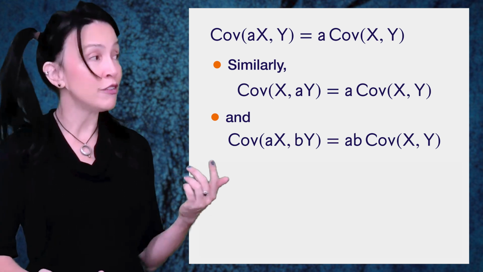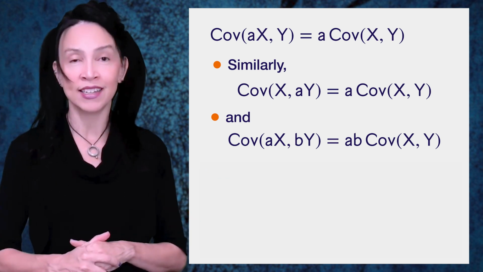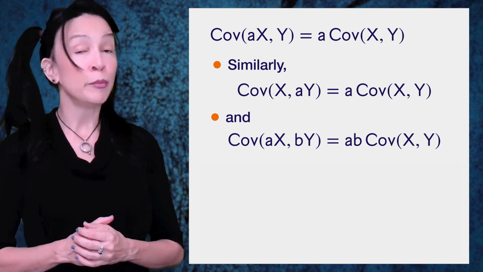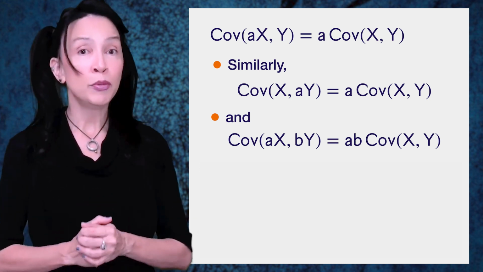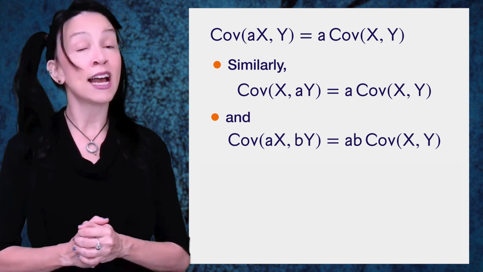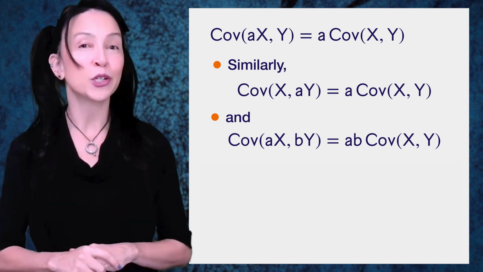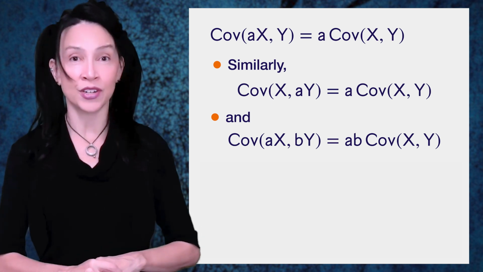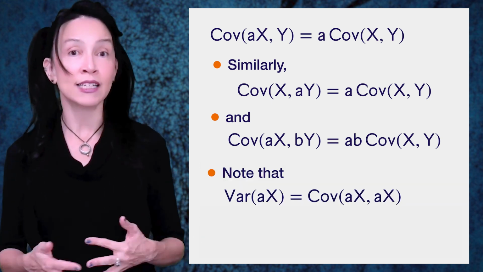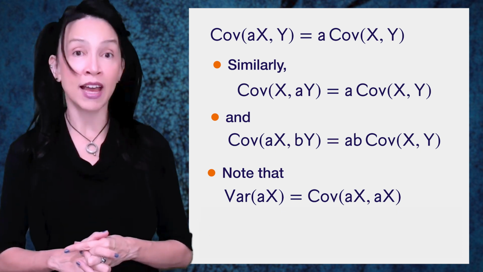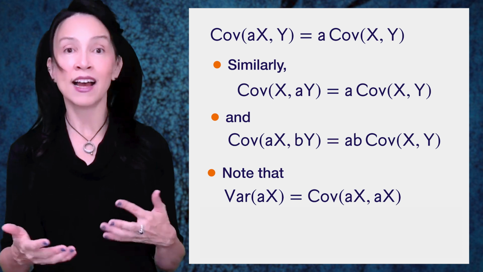What happens if we have a constant in front of both of these? So if we want to find the covariance of a times x with b times y, we can pull both constants out to get a times b times the covariance of x and y. So this is where that square comes in the variance calculation. If you want to compute the variance of a constant a times x, you can write this as the covariance of a times x with a times x.